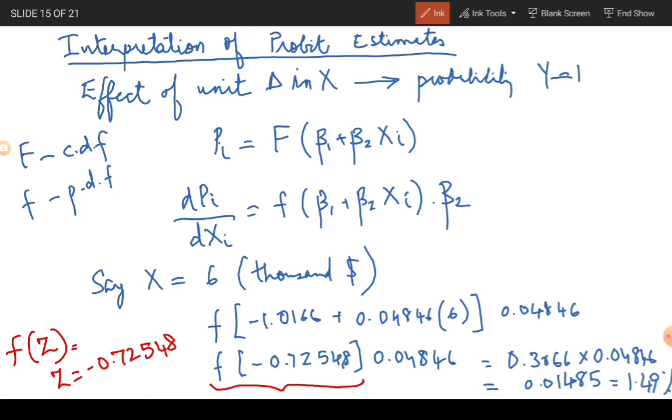So this is how you would interpret the results of a Probit estimate.